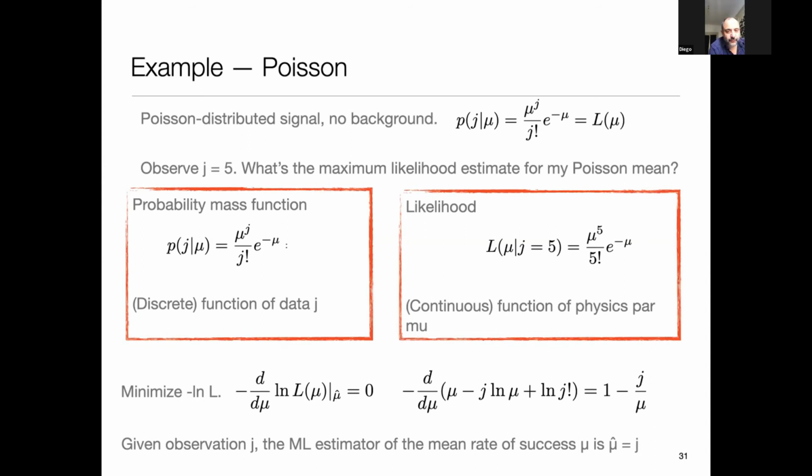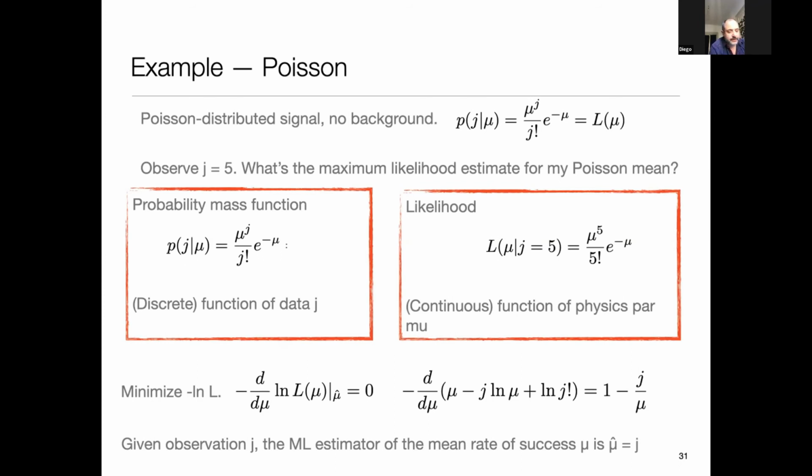Instead, on the right box, you have the likelihood, which is a function of mu at given data. So at, for instance, a number of counts 5, and this is mu to the 5 over 5 factorial e to the minus mu. To the left, the PDF is a discrete function of data j. To the right, the likelihood is a continuous function of the physics parameter mu.